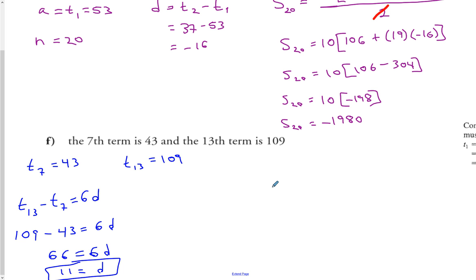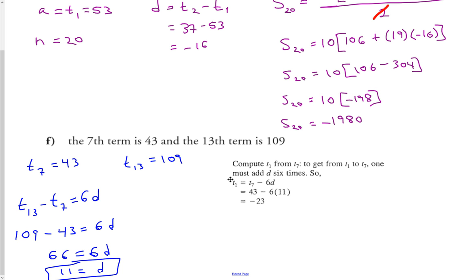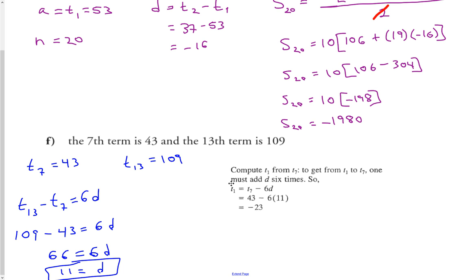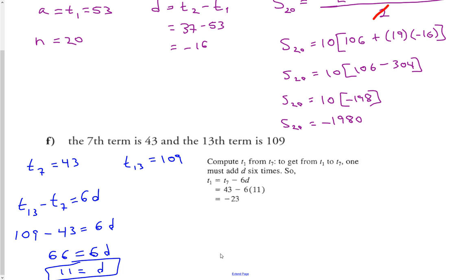Now, I looked in the solution set that's posted on Edsby that you can look at as well, and you may have. And they actually came up with a really nice, quick, and easy way to think about it. I'm going to show you a way that's a little more complicated that was my first instinct. So the textbook says, compute from term 1 to term 7. To get from term 1 to term 7, you have to add D 6 times, right?